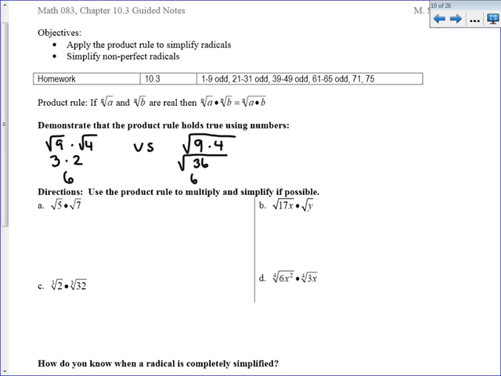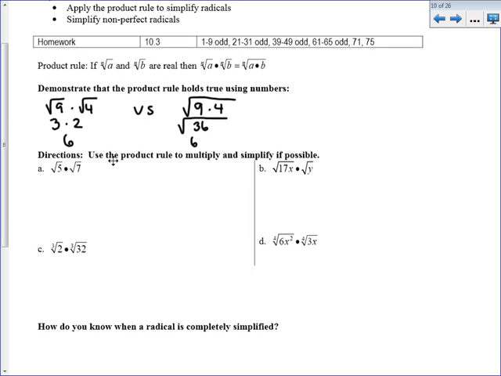They're the same. So we can always multiply two radicals together and make them one radicand. And if we have one radicand and can find products for it, we can split it up. So we can put them together and take them apart using multiplication.